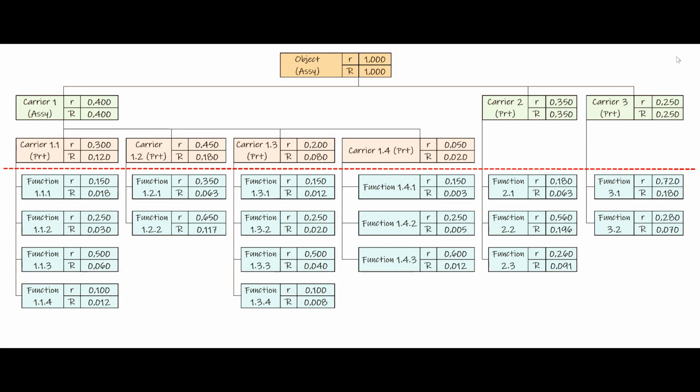Okay, let's consider the logic of filling the presented flowchart significance relevance in more detail in the table editor. Let's start with the second level where, as already indicated above, we have an assembly unit, carrier 1 and two parts, carrier 2 and carrier 3.